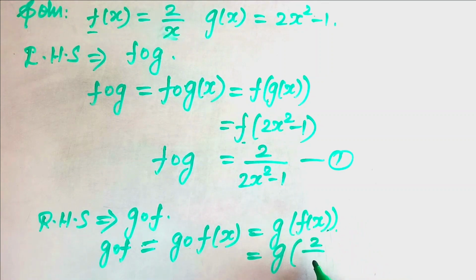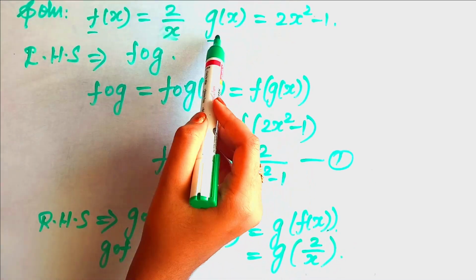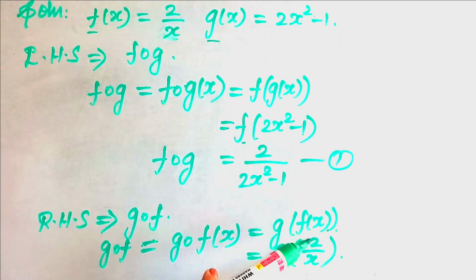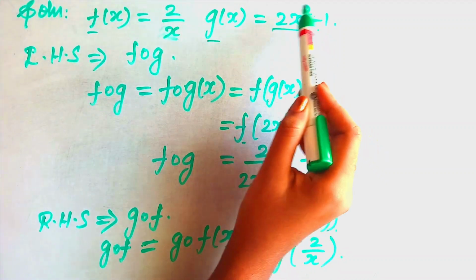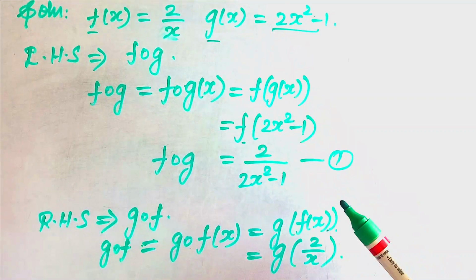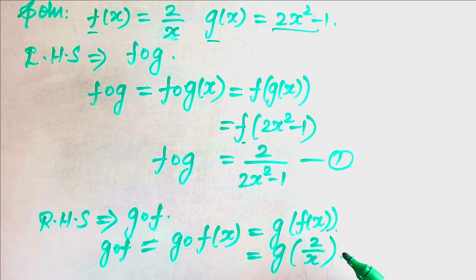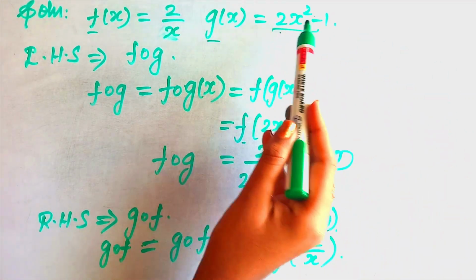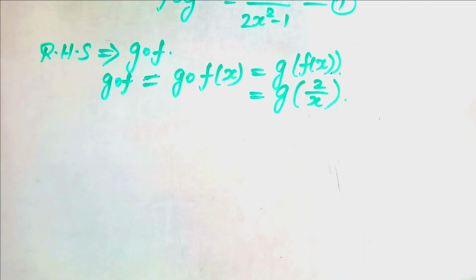For the next step we have to find the function g, and here there is a function g, but instead of x we have 2 divided by x. So in the place of x, you have to substitute 2 divided by x.